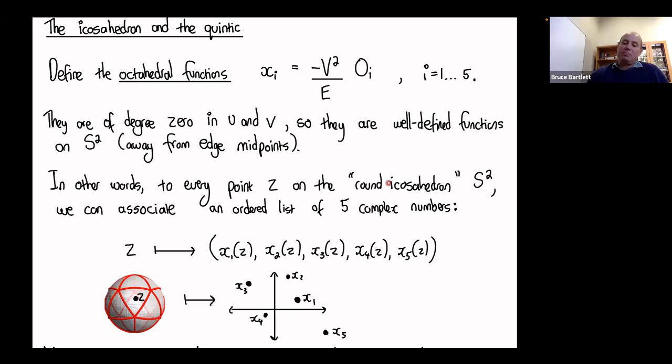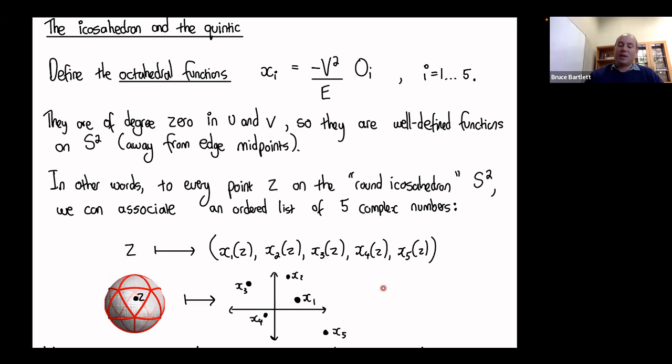In other words, to every point on the round icosahedron, we can associate an ordered list of 5 complex numbers. So here's a point Z on the round icosahedron. We can then calculate the 5 octahedral functions applied to Z, and I'm going to get 5 numbers in the complex plane by calculating these numbers here.